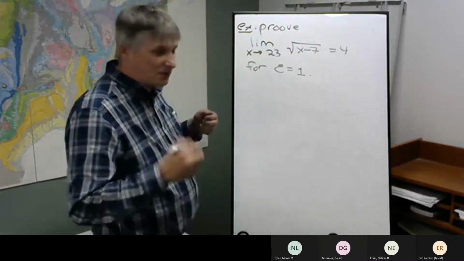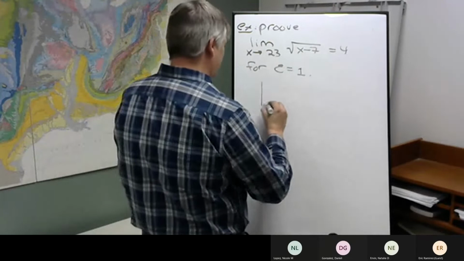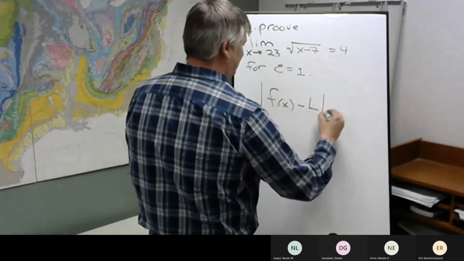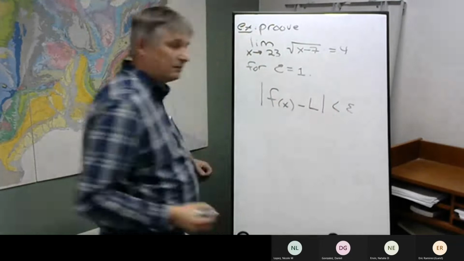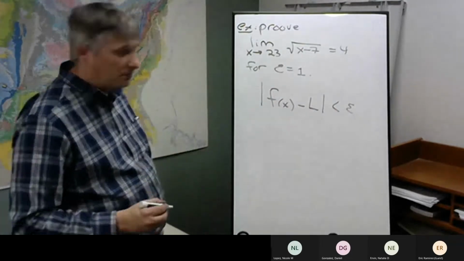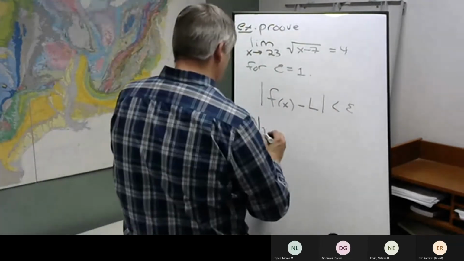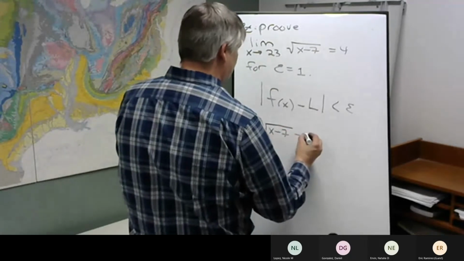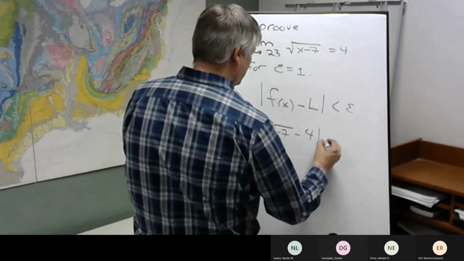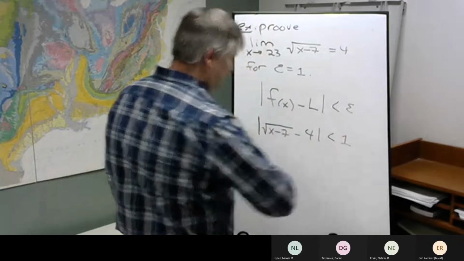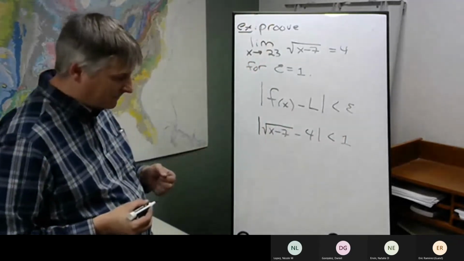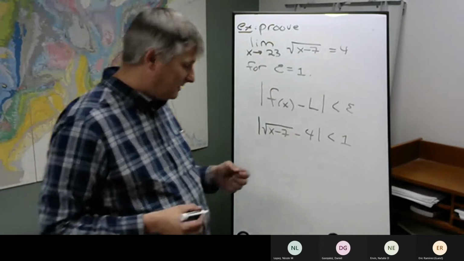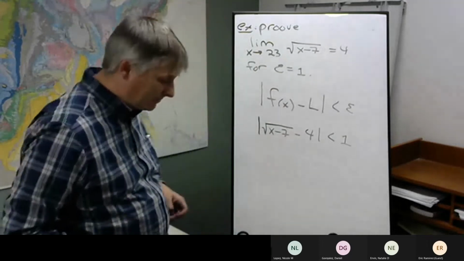Don't need any absolute values there. So we're going to start out with this: f of x minus L less than epsilon, or the square root of x minus 7 minus 4 is less than 1. Now we have a value for epsilon. So we're going to try to find x minus 23.